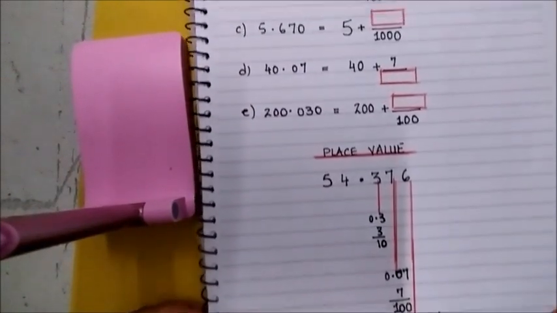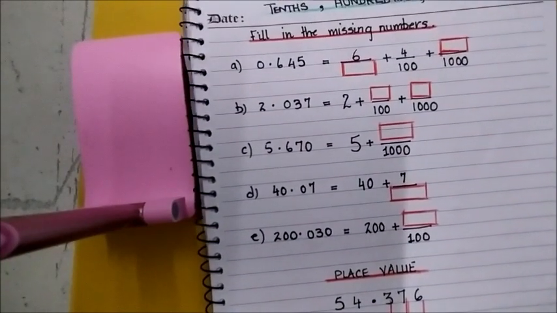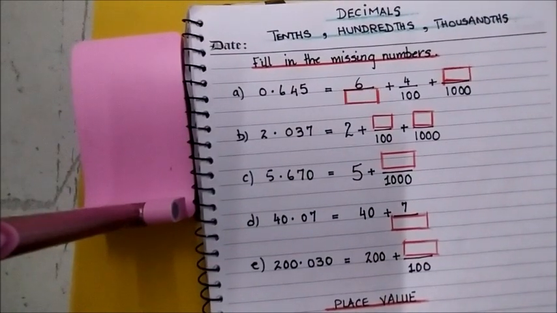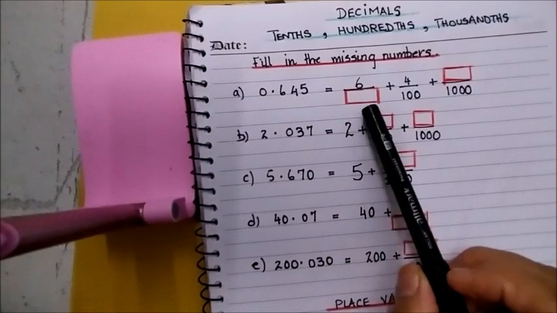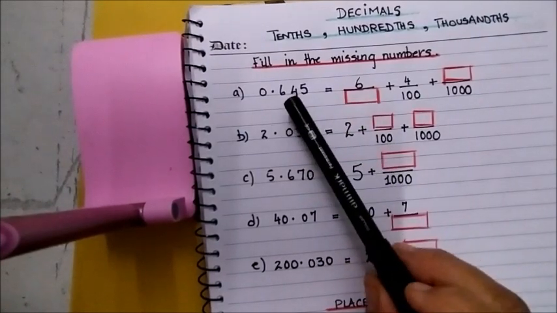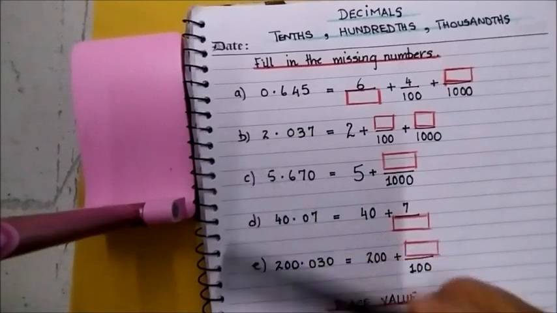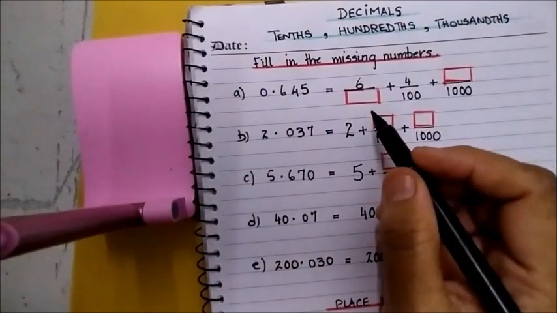Now, how to fill in the missing numbers. Let's have a look at the question that I have for you. Now we have 6 standing on the first place, that is your tenths place. So what do you write to fill this gap, the blank?